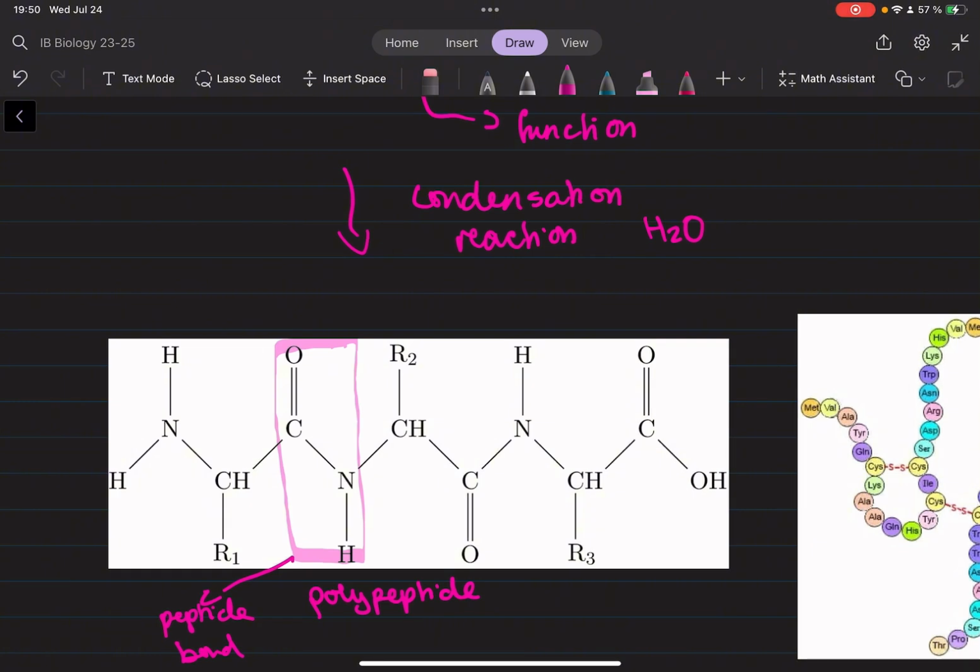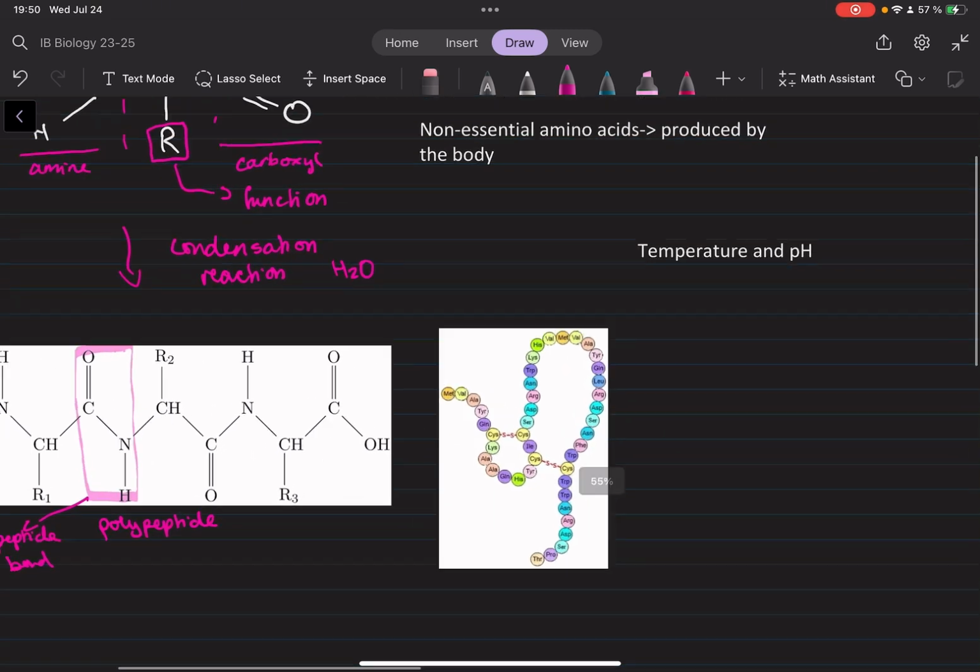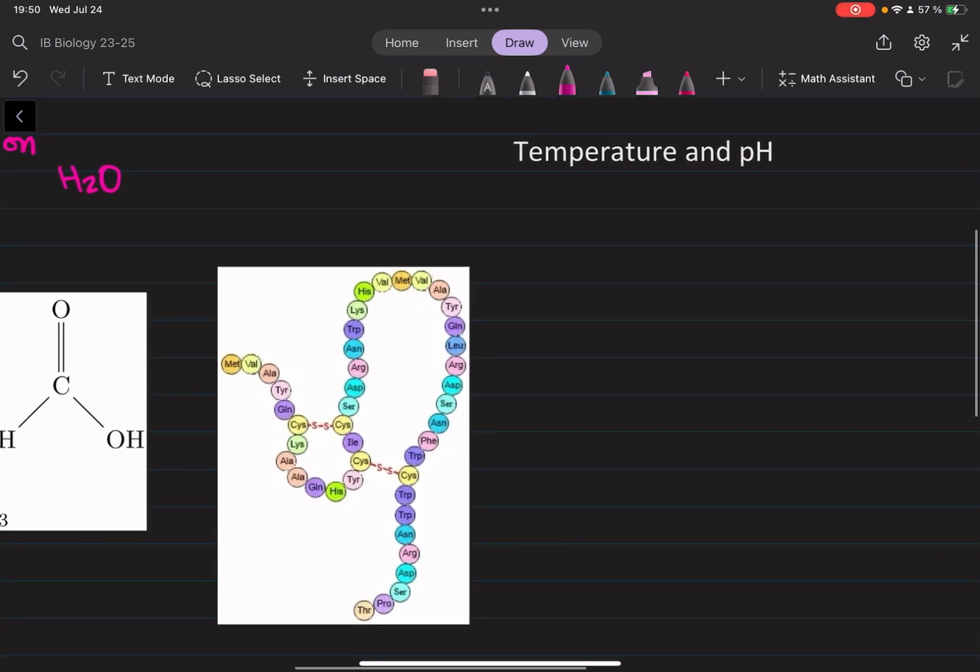So each protein has its own favorable environment. They're all very specific to that specific protein. Not all proteins are the same. And when you change things about that environment, such as the temperature or the pH, that can change the protein as well. So as the temperature decreases, you get less protein activity, but that's due to a loss of kinetic energy.